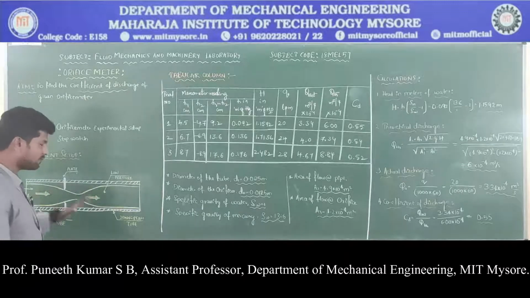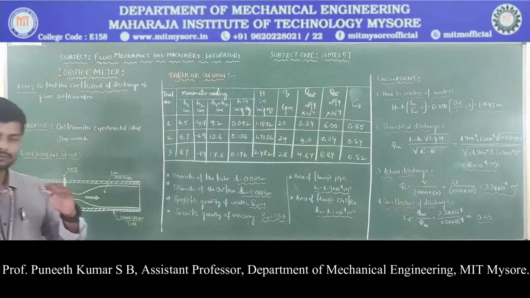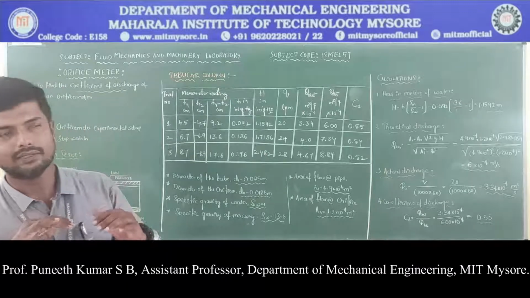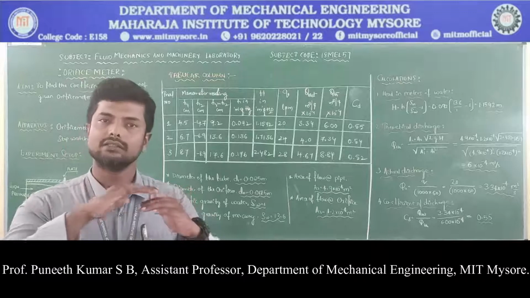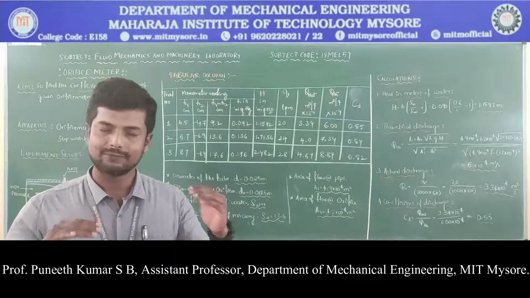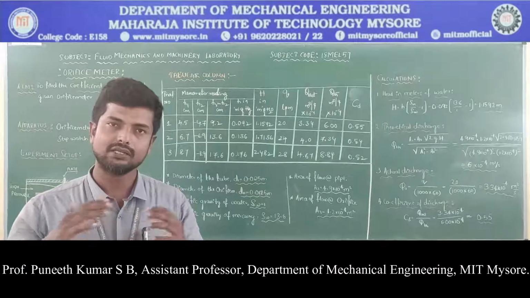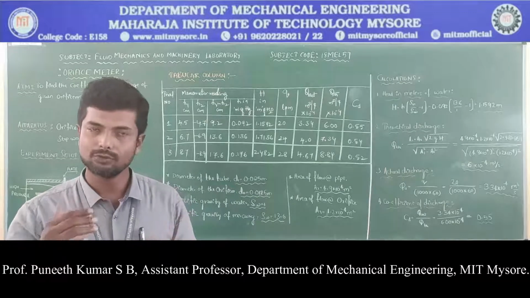When there is no flow, both limbs show the same level. That means whenever the mercury reading in the left and right columns is the same, it is understood that no flow is taking place.